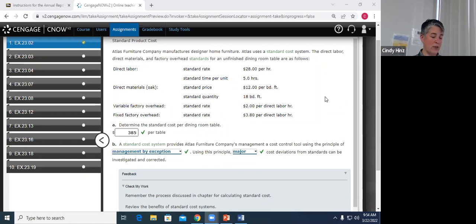So the balancing act here is that same cost-benefit analysis. It's going to take more time and effort to investigate what might be minor differences between our standards and our actual costs. We have to pay someone to do that.